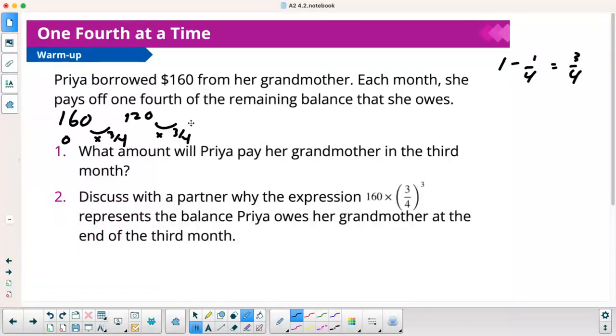Times 3/4 again, that's going to give me 90. So after the 3rd month, you end up with 67.50. So that's how much she has remaining.